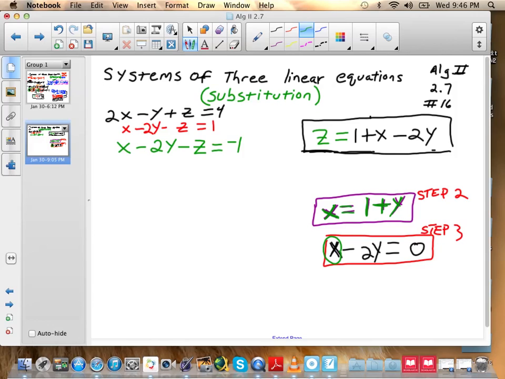Now that we determined its value in step 2, we're going to plug that value into x. So in doing that, that's going to allow us to create an equation that says 1 plus y. The reason I did that is because it's taking the place of this x. All right, let's look at this another way real quick.